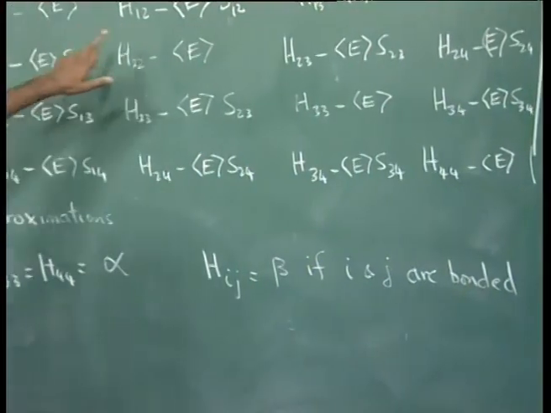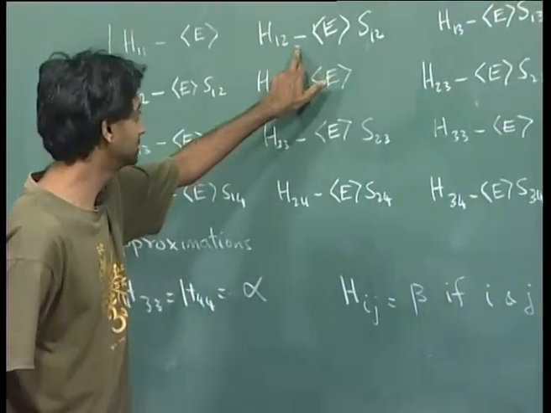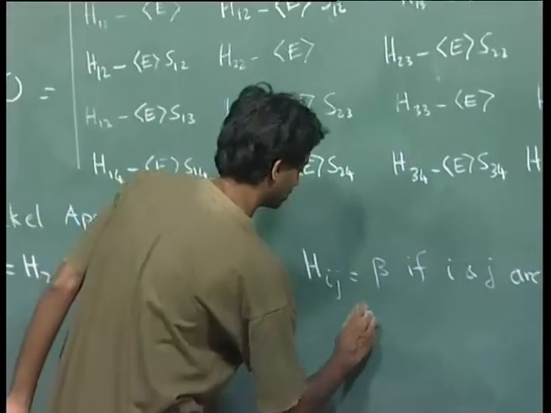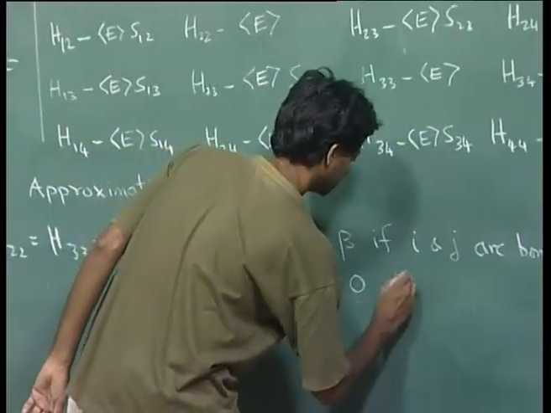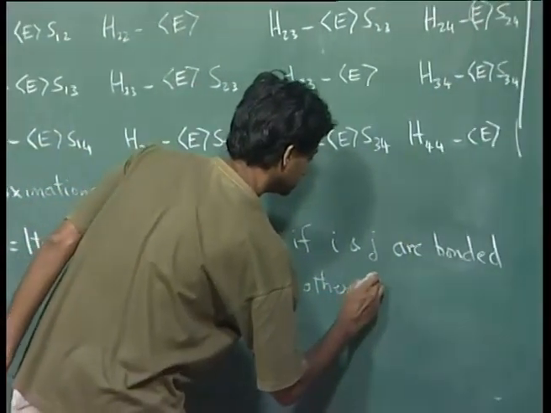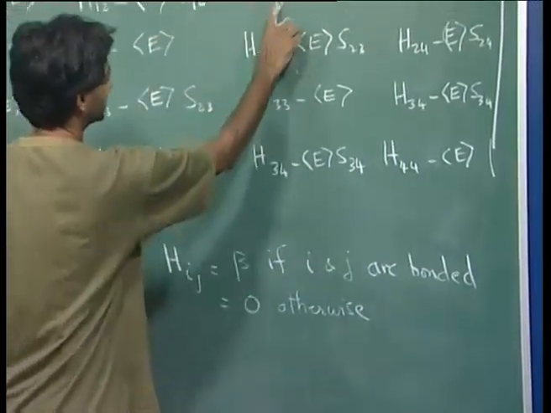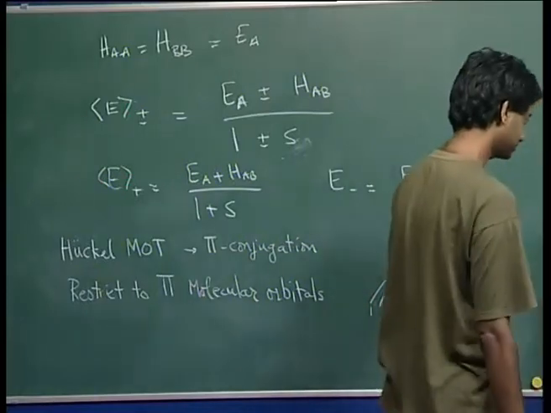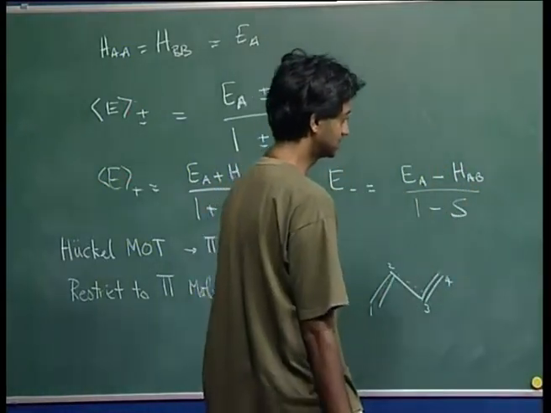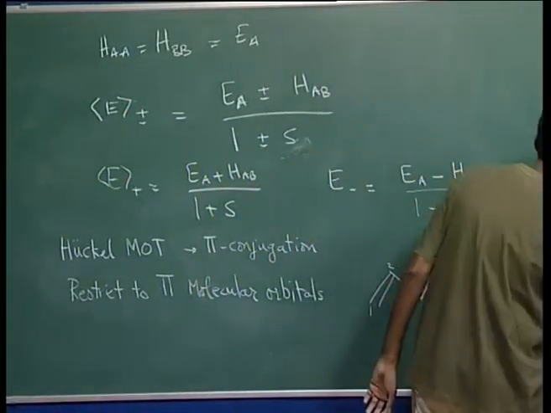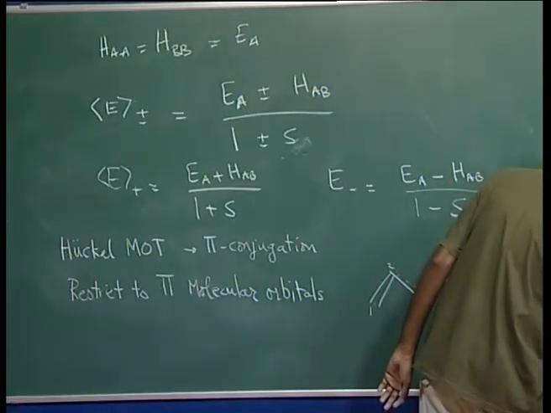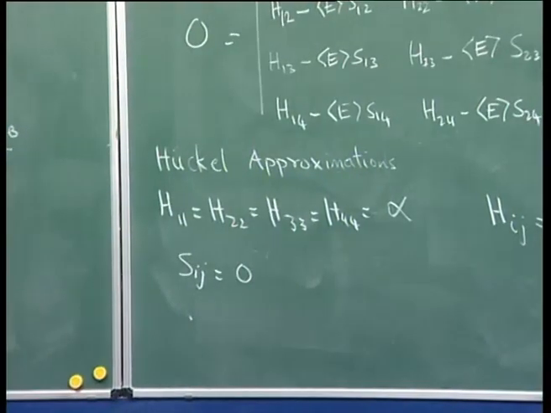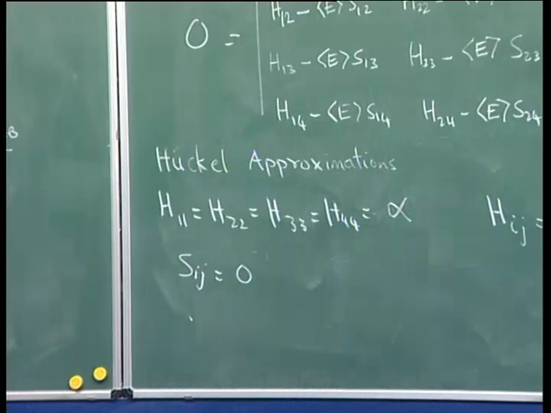So 1 and 2, H12 will be beta, and equal to 0 otherwise. But H13, because 1 and 3 are not bonded, will be 0. And then Sij equal to 0. So Sij is always 0. So this was the simple basis of Huckel.